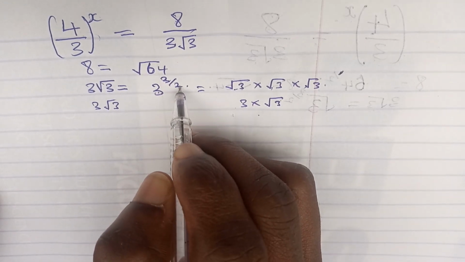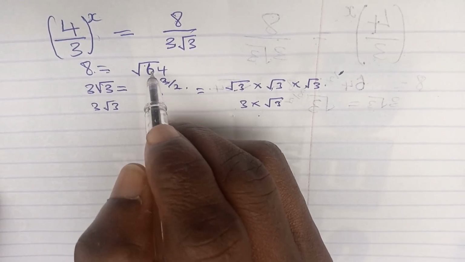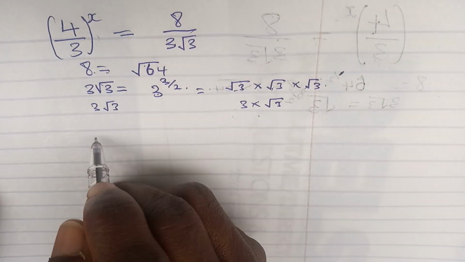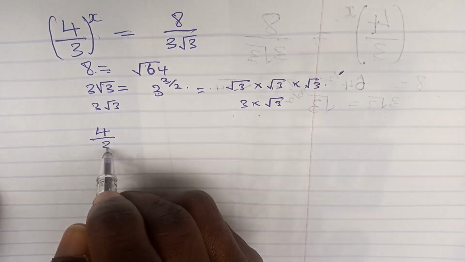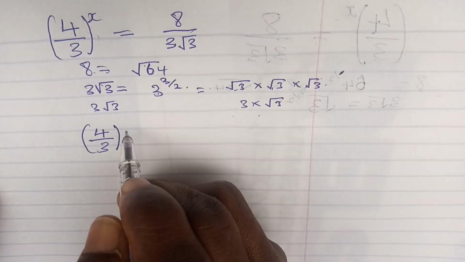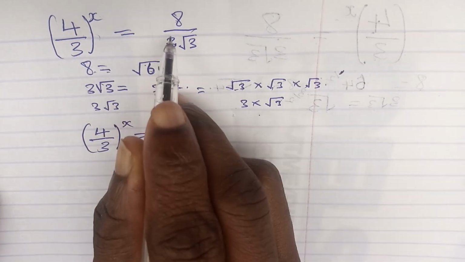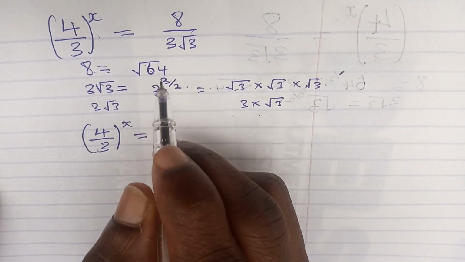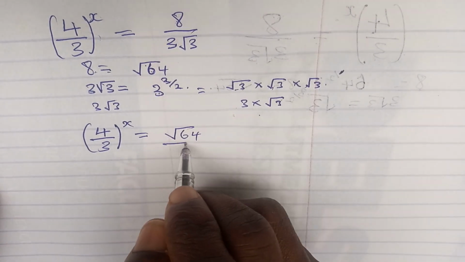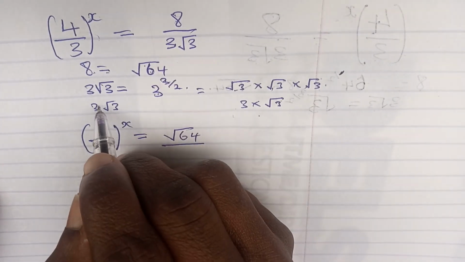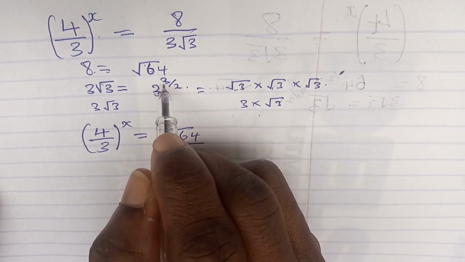Okay, and we said 8 is equal to the square root of 64. So we now have (4/3) to the power of x equals, in the place of 8 we can put root 64, over, in the place of 3 root 3, we can put 3 to the power of 3 over 2.